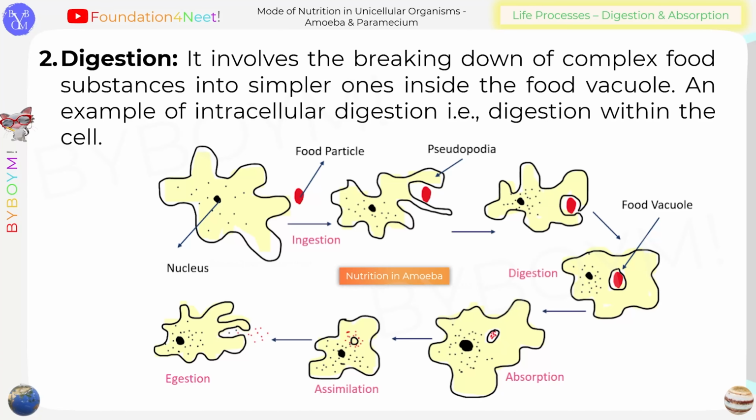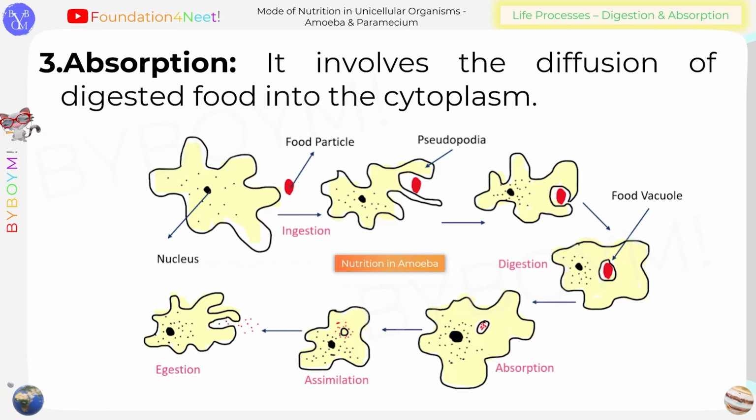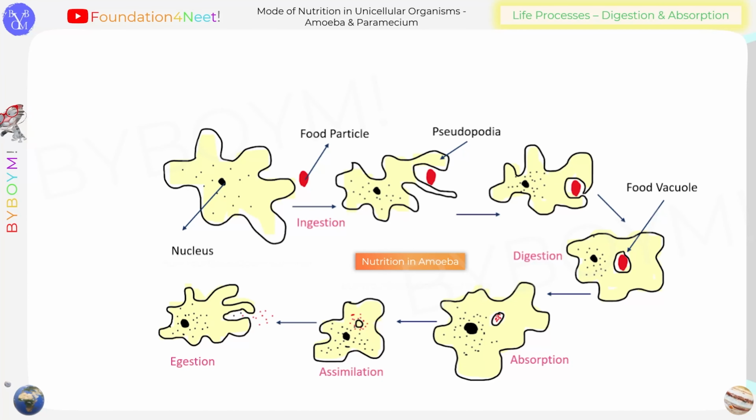So our next step would be absorption, which simply is the diffusion of digested food into the cytoplasm. So in the case of amoeba, absorption is nothing else but simply the diffusion of digested food particles into the cytoplasm. This takes us to the fourth step, which is assimilation. Assimilation is basically the utilization of absorbed food.